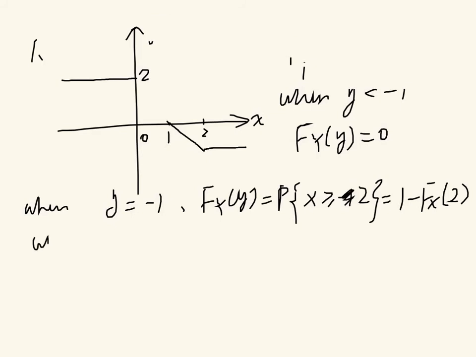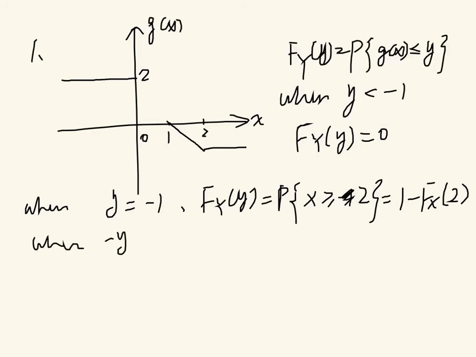And when y is between minus 1 and 0, F_Y(y) is equal to the probability that minus X plus 1 is less than or equal to y.